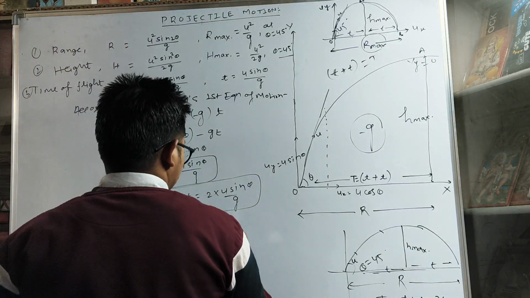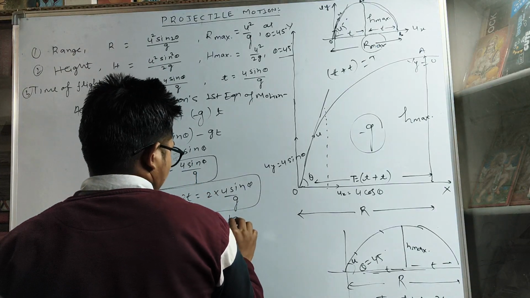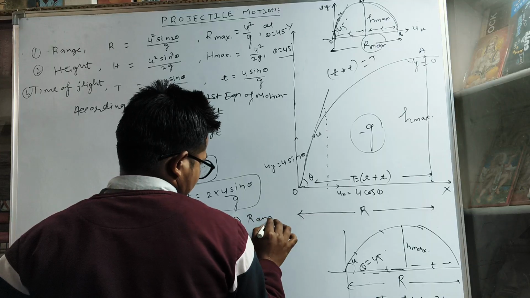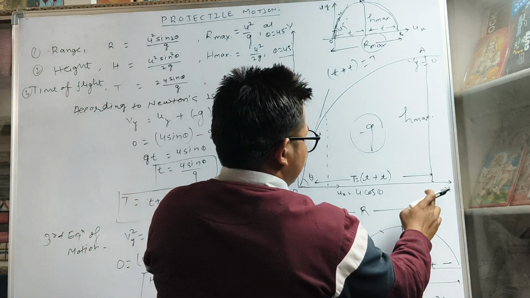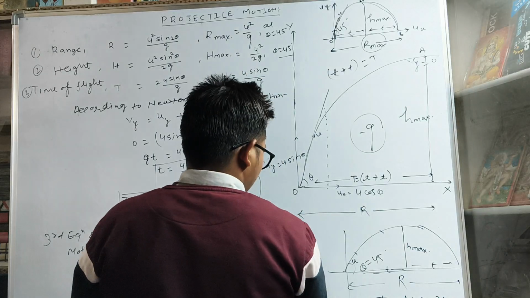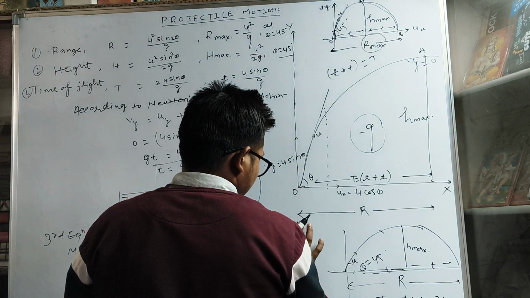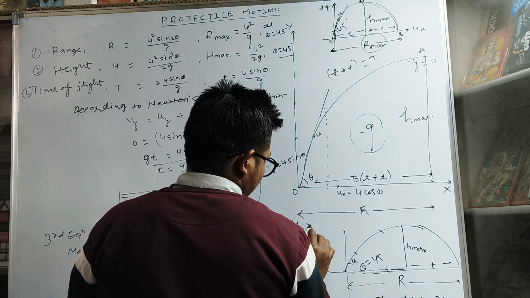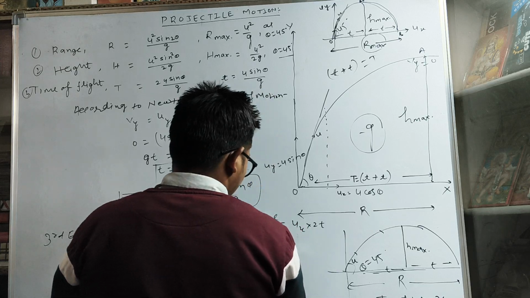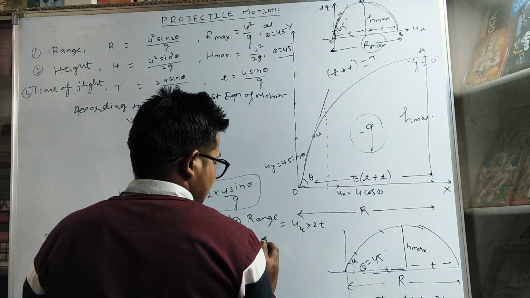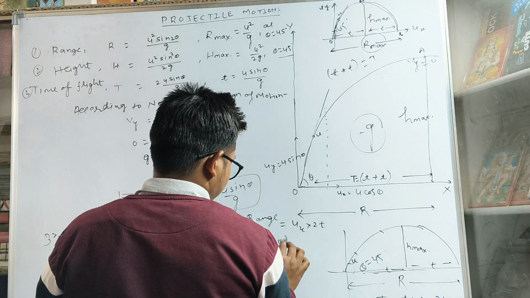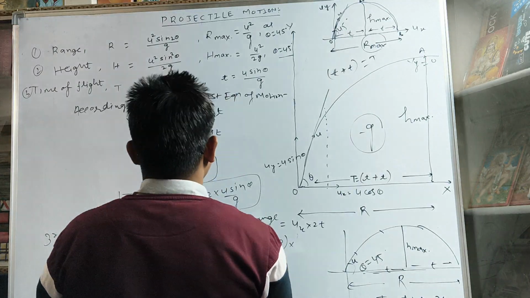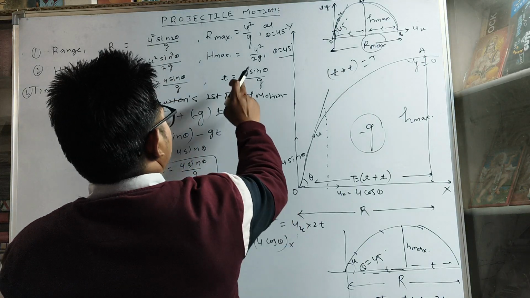And for range, range is given by horizontal speed and total time. So we have ux into total time, that means 2t. So range can be written as ux, which is u cos theta, and t can be written by this equation.